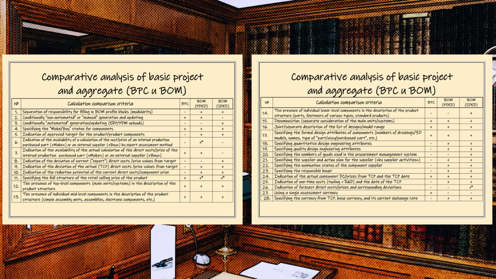Slides with a table containing a complete list of differences in the degree of detail and filling out the standard form of the two types of BOM, as well as their difference from the basic design calculation, are currently on the screen.